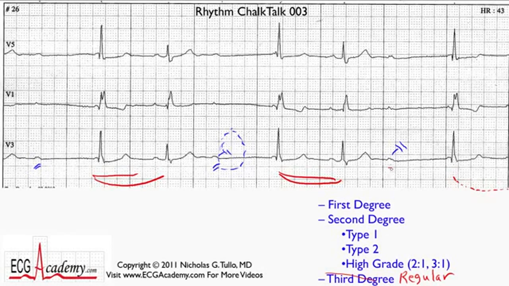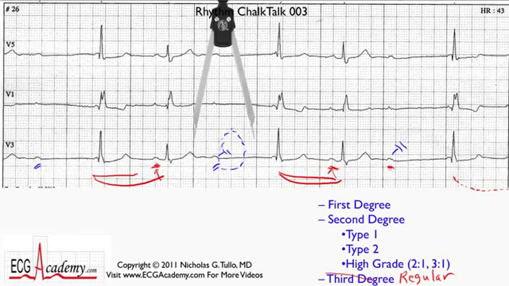Well, let's look to see exactly what the P waves are doing, because we've seen these non-conducted ones, but what about some others? If you scan the tracing, you'll actually see that there's what looks like a P wave here in front of this QRS, and there's another one over here. So let's get out our trusty calipers and try to make some sense of this.